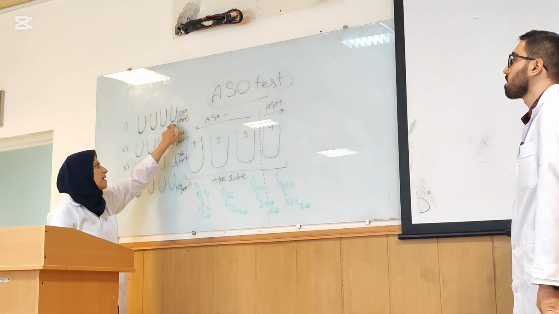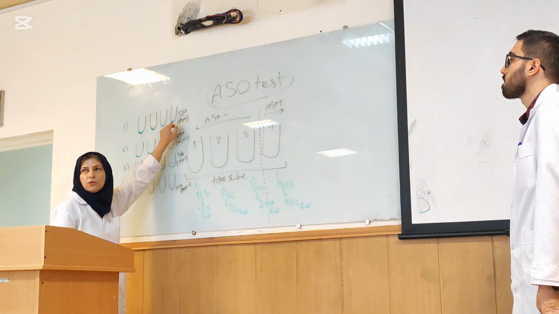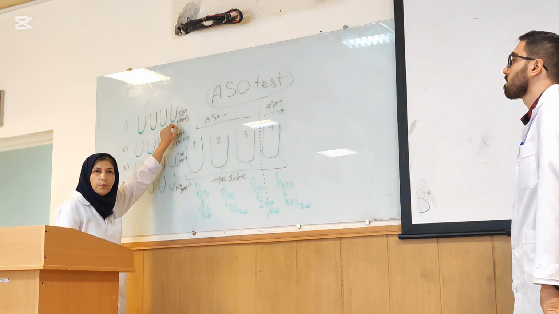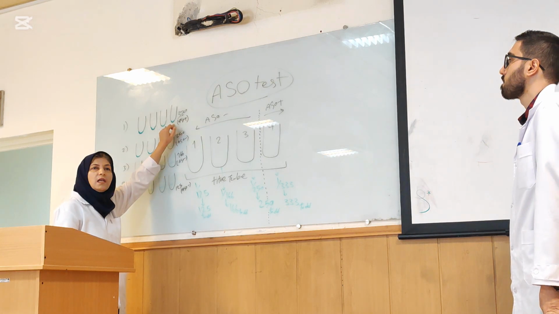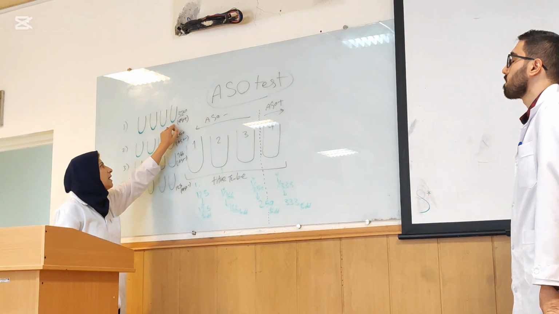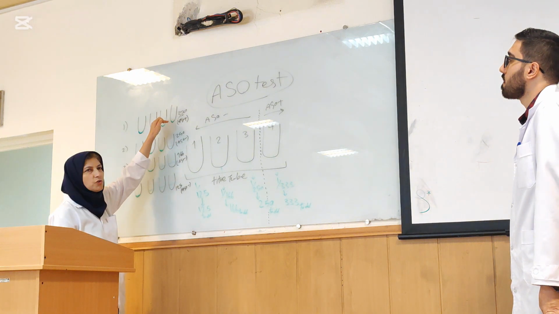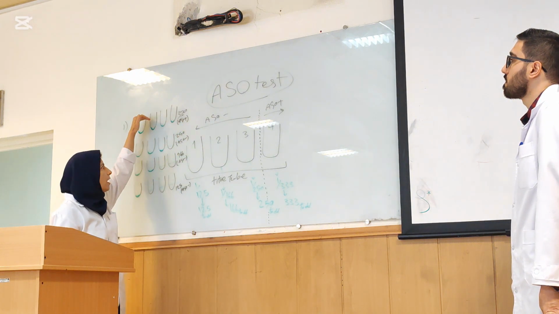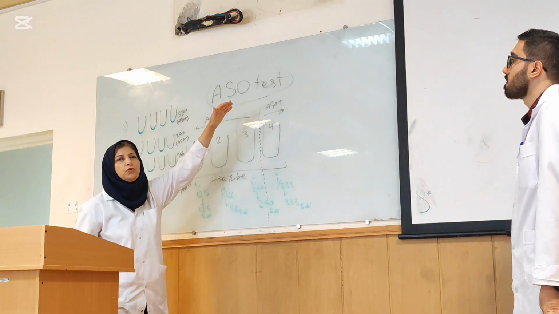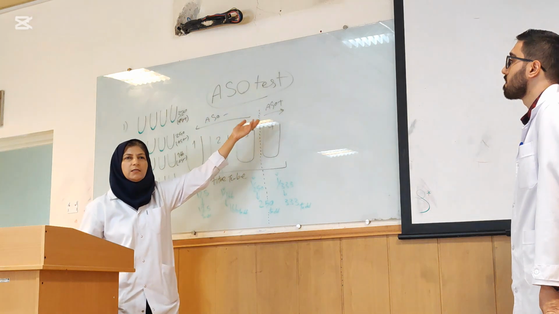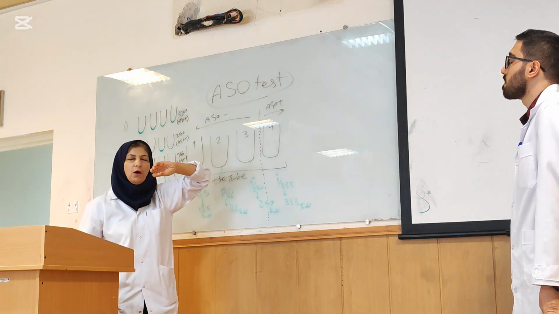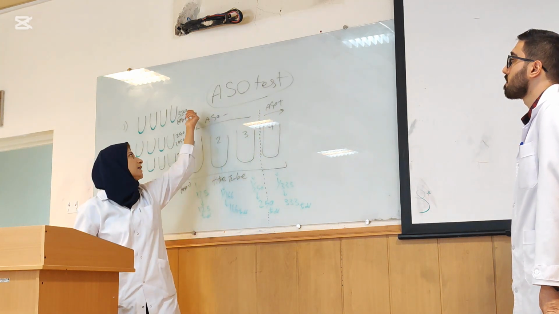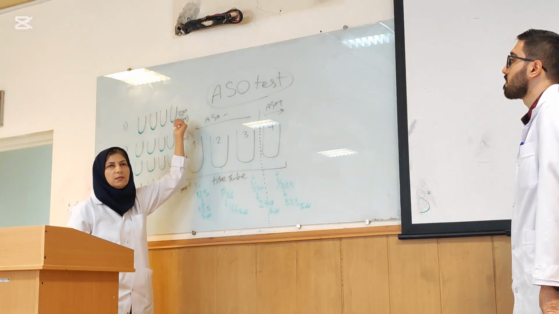In the last tube that has no lysis, the higher titer means you need too much ASO for neutralization of the SO. Because of that, the patient is not healthy.